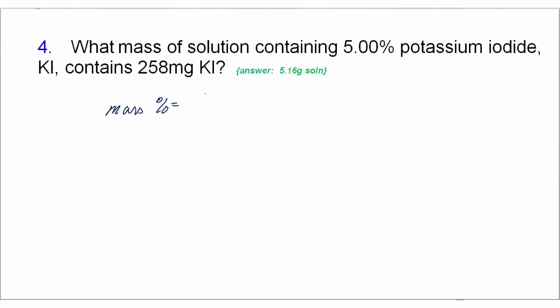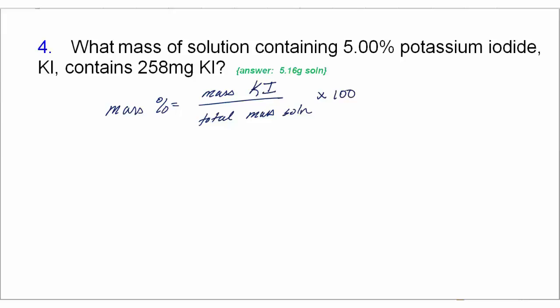Remember, it was better not to write the word solute, so we'll put in what it is, potassium iodide. Oh, forgot about my 100.